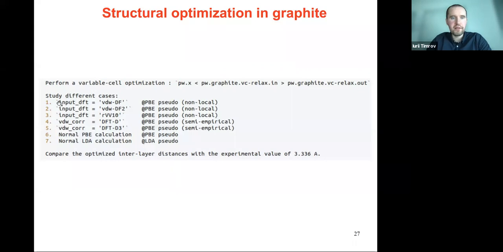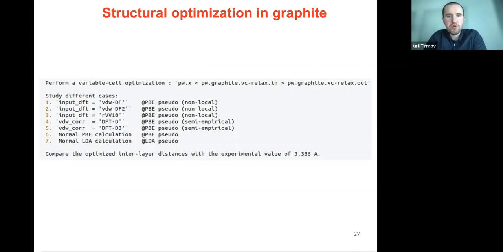So in the first 3 cases, it's really the functional that you are changing, because the input_DFT keyword controls the functional, while the 4th and the 5th are just corrections that are done at the end of the SCF calculation. That's why we have 2 different keywords, which might be confusing for some of you. And points 6 and 7 are standard PBE and LDA calculations.